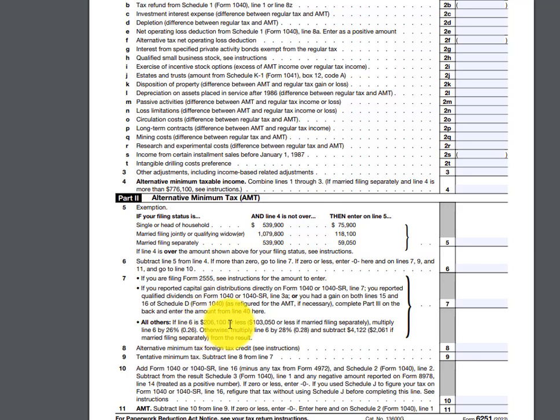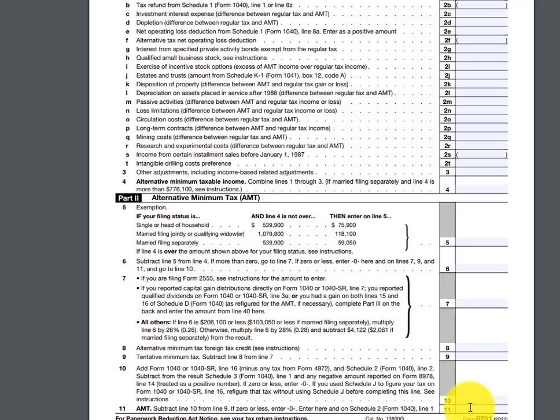If it's over that, and this is after the exemption has been subtracted, then you multiply by 28% and subtract $4,1, which is basically the same as multiplying the first $206,000 by 26% and 28% on everything over that. We will not have any alternative minimum tax foreign credit. That's our tax. Then we compare the regular tax and we get our actual AMT.